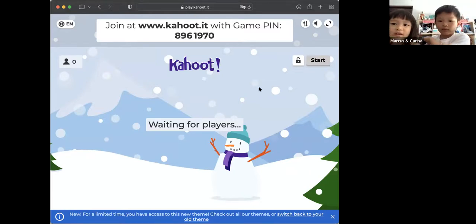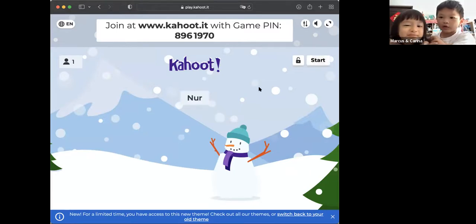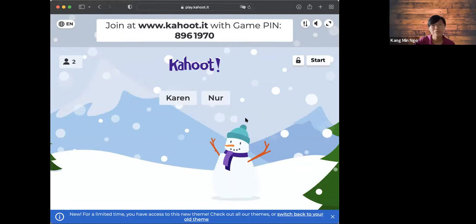Actually, you are using an iPad. Okay, you can open the Safari app on the iPad and type in the address.